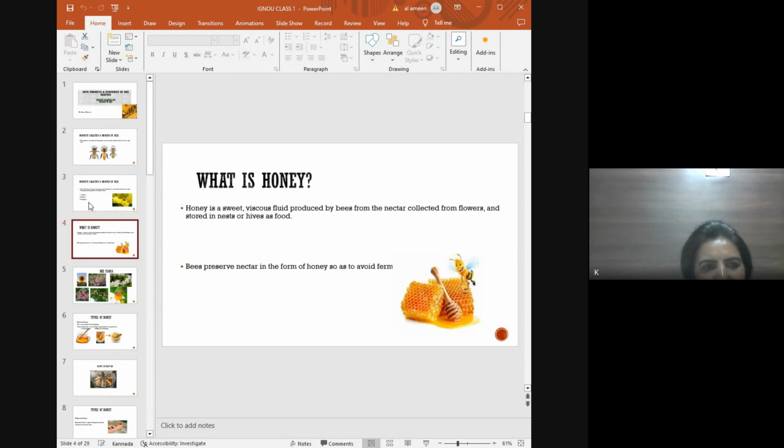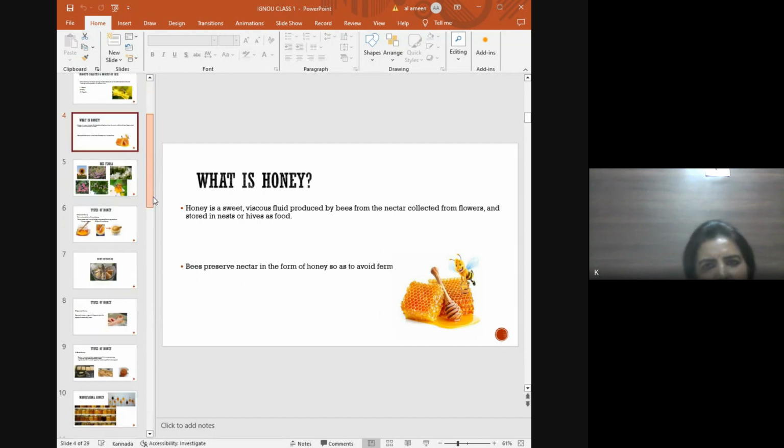Next slide, please. Yeah. So coming to the first one, what is honey? I don't think I'll have to give a definition. Everyone has tasted, everyone knows honey. Still a technical term. Honey is a sweet, viscous fluid produced by bees from the nectar collected from flowers and stored in nests or hives as food.